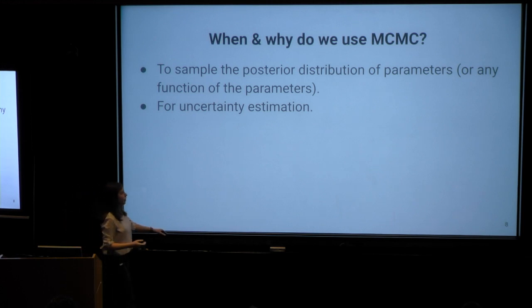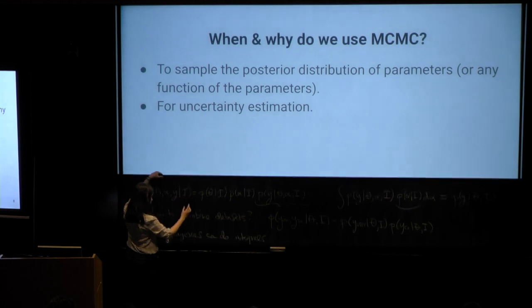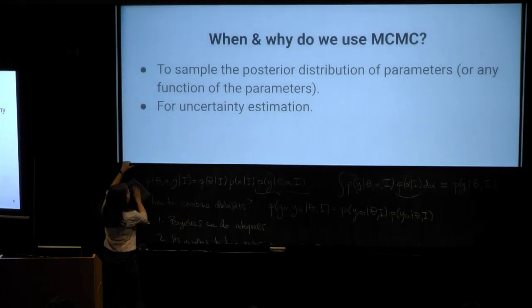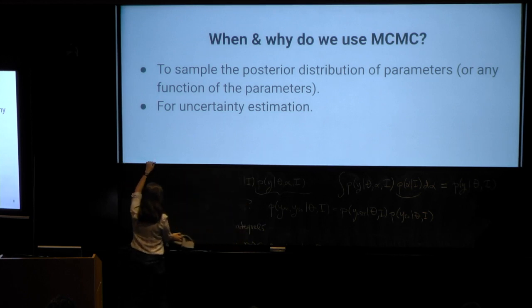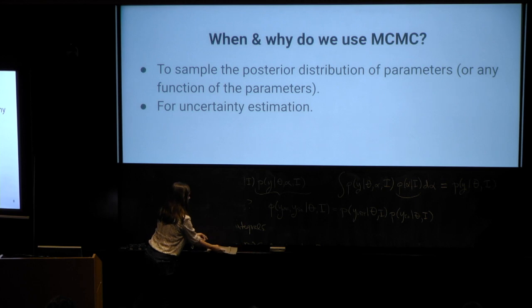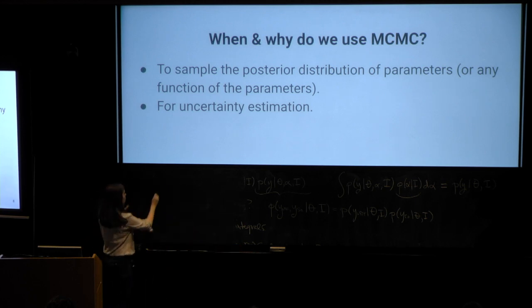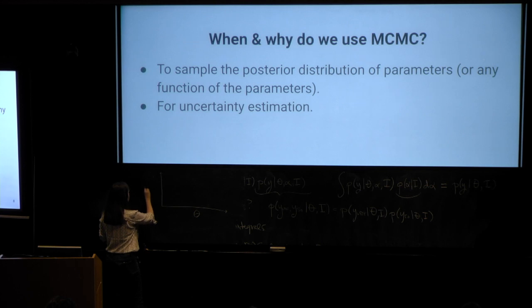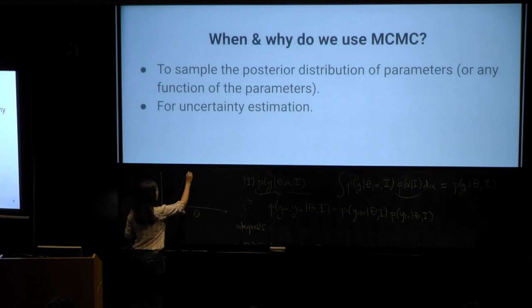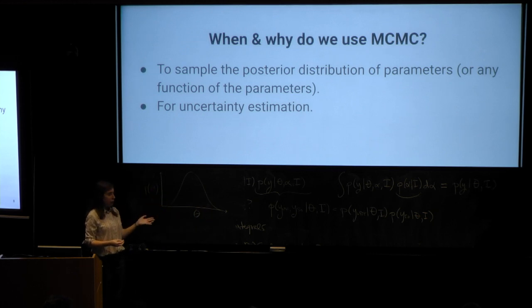So if I had a posterior distribution where I have some parameter theta that I'm interested in, and I want P of theta, the probability distribution of theta, my MCMC can give me, I claim, this distribution.